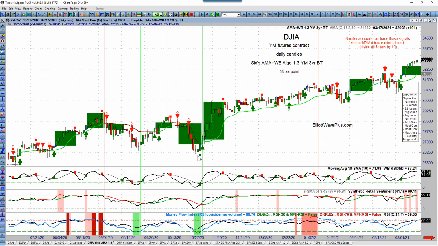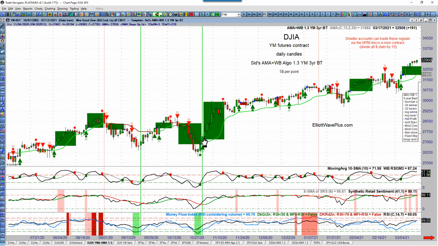That, as you may recall, on October 30th of last year, was the beginning of a big move to the upside that's really still going on in the stock market. So 2 days after that, it got a signal to go long, but it was a long candle. That's what this little circle here designated.